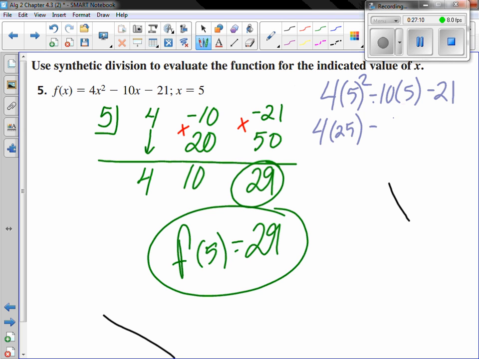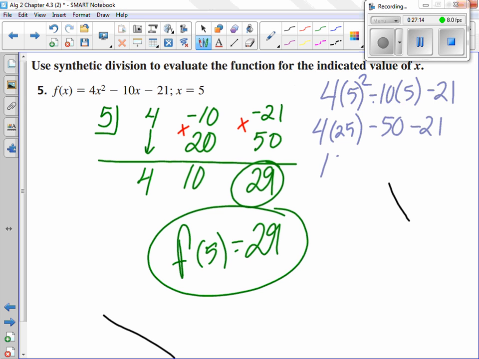Negative 10 times 5 is negative 50 minus 21. Well, 4 times 25 is 100. I can combine these two here to give me negative 71. Well, 100 minus 71 is 29. It works out that when we evaluate it for a given value, it's going to be the same as the remainder.